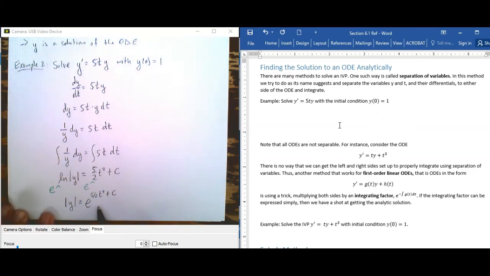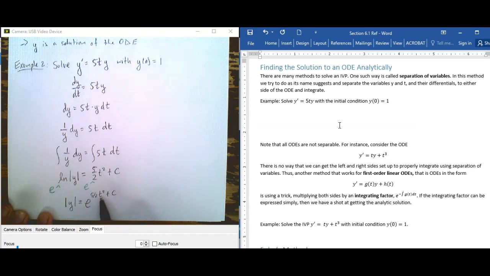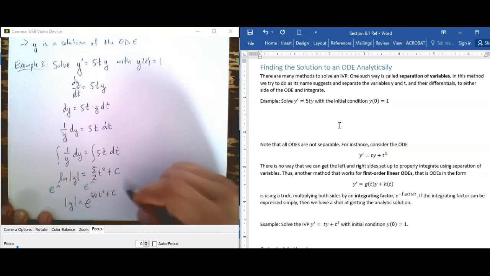Now, using our initial condition, we can find the specific solution for this problem. We know that y of 0 is equal to 1. That means if we input 0 for t and 1 for y, we can solve for c.